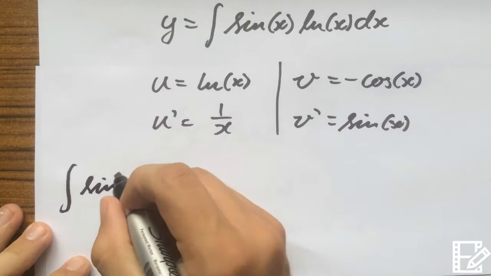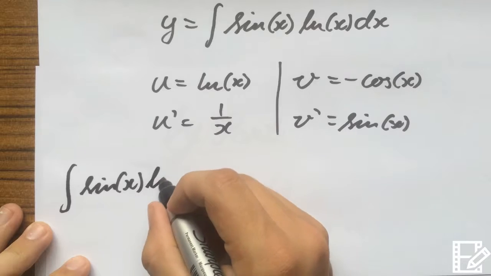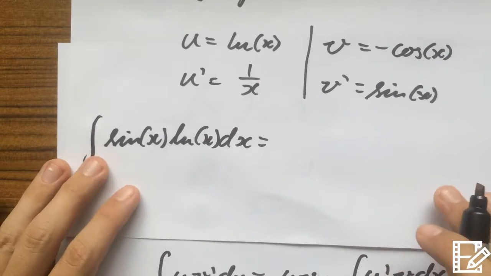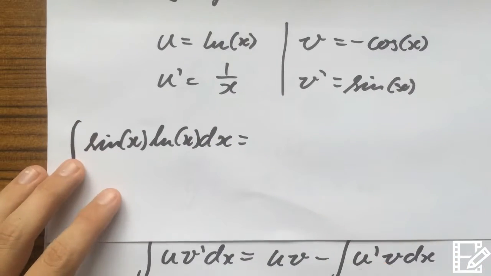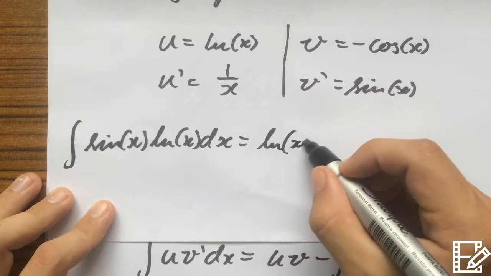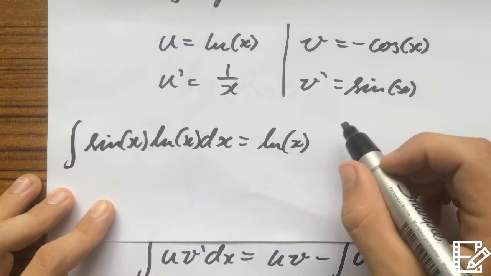Integral sine x ln of x dx equals. Now we sub in this. U we've set as ln of x. V dash we've set as sine x.